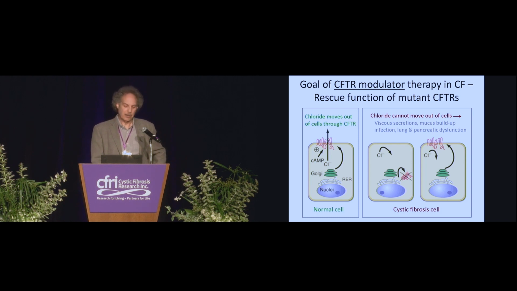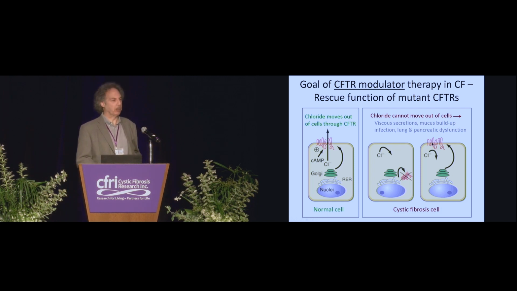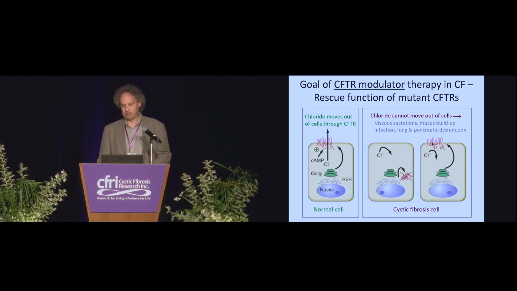On the left is a normal cell with CFTR at the apical membrane. CFTR is the red squiggly thing. In the normal cell, CFTR functions as a chloride channel to allow chloride to move out of cells. On the right, CFTR is unable to function at the membrane, either because it never gets to the membrane or because it gets to the membrane but is not gated properly, that is, does not open.